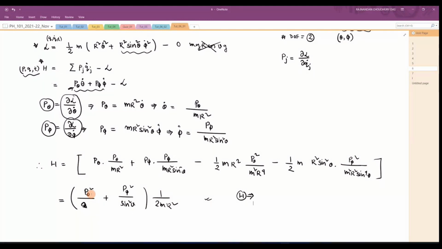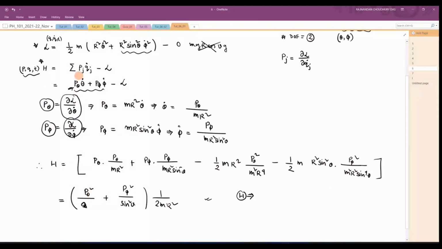That's the final class. So if you have a situation where the Hamiltonian is not time dependent, then you can say it is conserved. So what is conserved? It is an energy form, which is indirectly T plus U. That's what we derived from the free particle, right? We say that the summation of Pj Q dot j is nothing but 2T.